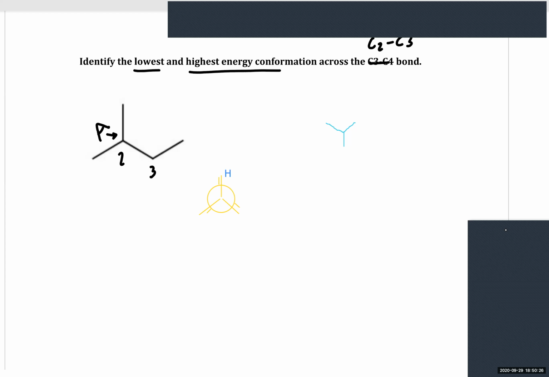Don't be shy to draw your proposals, and just make sure to clearly label what you would consider the highest and lowest energy conformation.